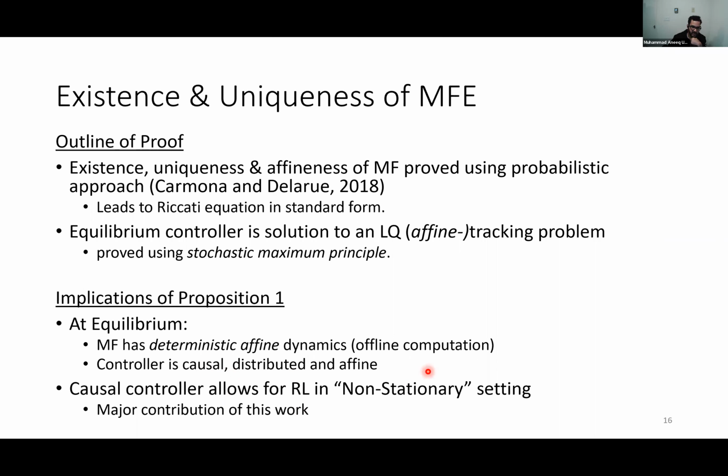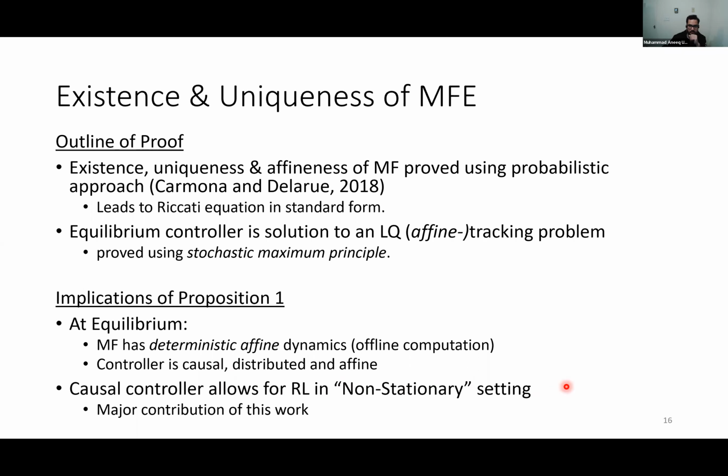The mean field game incorporates a tracking control problem, and for a general tracking control problem, the controller may not be causal. It needs to have access to the tracking signal in the future, right? But in our setting, we were able to show that the controller is causal, and this causal controller allows for reinforcement learning in the non-stationary setting of our work. This is one of the main contributions of our work.